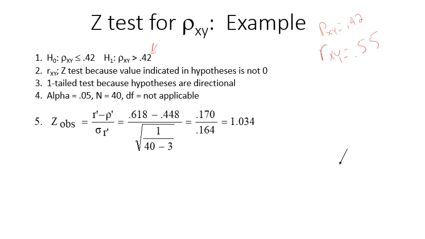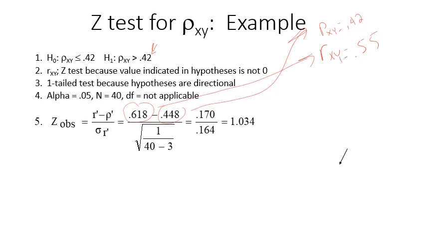Why is this important? Because you see here in this problem, you have to do the transformation. If we just plugged in these values here, we have this 0.55 for r, you see it's different in the problem. You see this is not equal to this, and this is not equal to this. That is because they've been transformed.